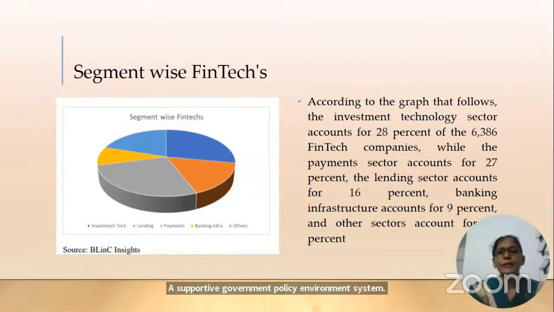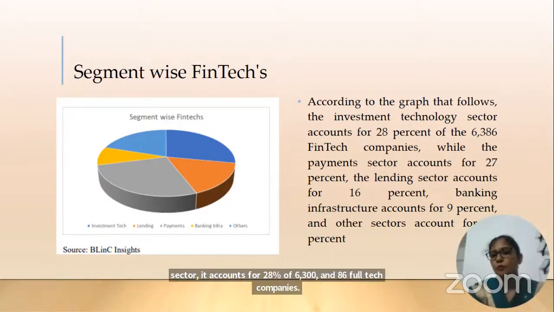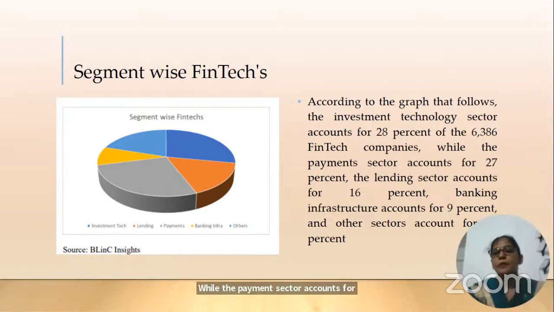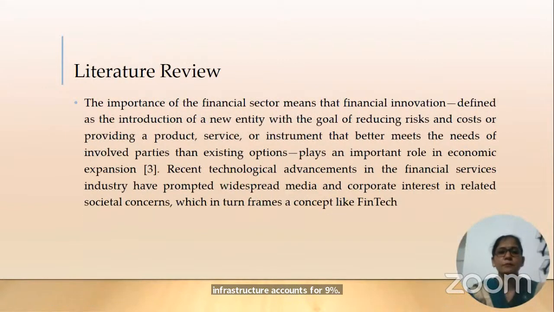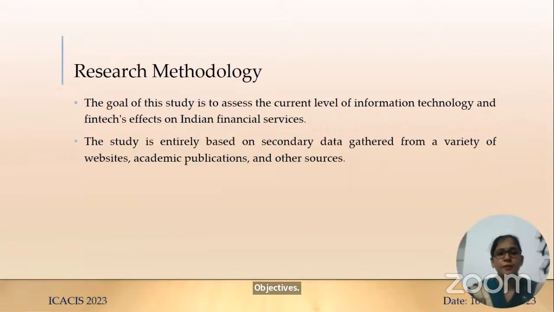Now we can see segment-wise fintechs here. According to this graph, the investment technology sector accounts for 28% of 6,386 fintech companies, while the payment sector accounts for 27% and the lending sector accounts for 16%, whereas banking infrastructure accounts for 9%. Objectives of the researchers.